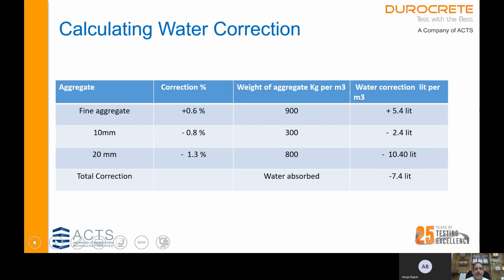And 20 mm with minus 1.3% because it is dry, of its own weight of 800 kgs, it will absorb minus 10.4 liters. It will absorb this water. So if we sum up all this, the total water absorbed is 7.4 liters. So total correction is minus 7.4 liters.